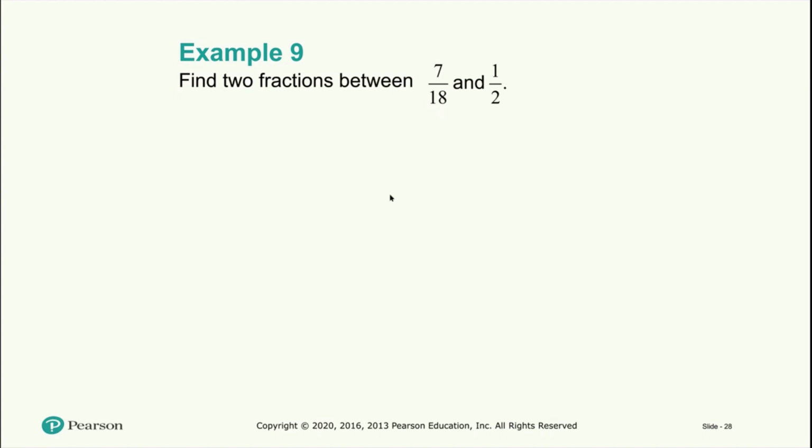So if I take this other fraction, the 1/2, and multiply the denominator by 9, which means, of course, I have to do the same thing to the numerator, notice I end up with 7/18 and 9/18. Now, obviously, it's very easy for me to get a fraction between these two by just looking at 8/18, right?